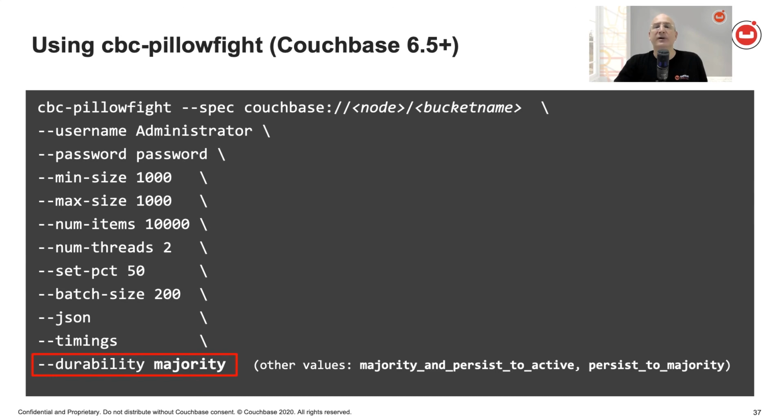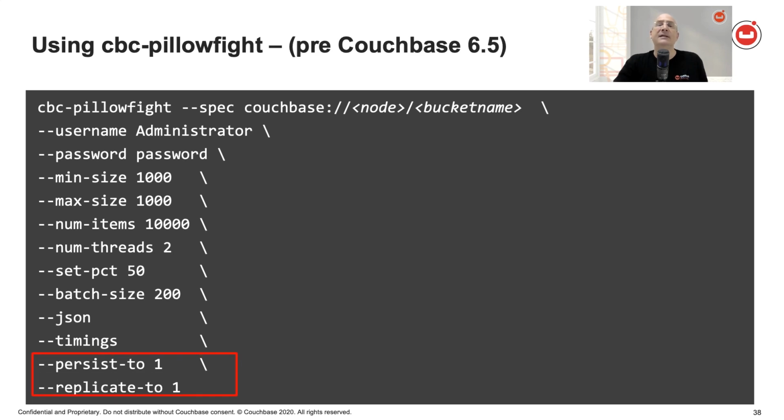Couchbase comes with a stress test tool that you might be familiar with. That is cbc-pillowfight. cbc-pillowfight now enables you to set durability levels for your stress test. You can change the durability level and examine the performance impact that it has on your cluster. cbc-pillowfight can be used for testing the older durability mechanisms as well.